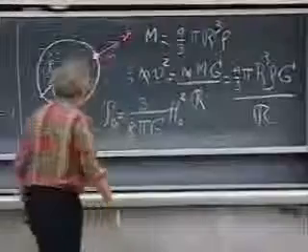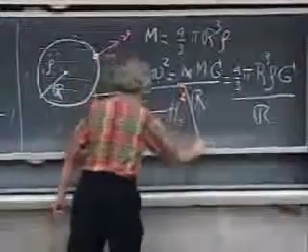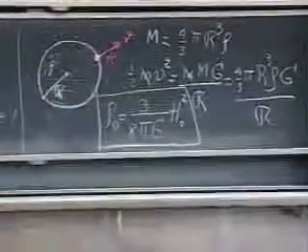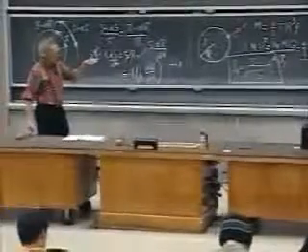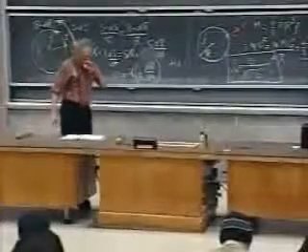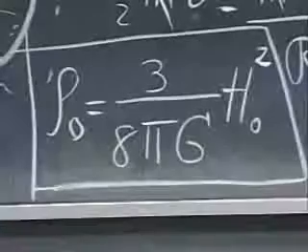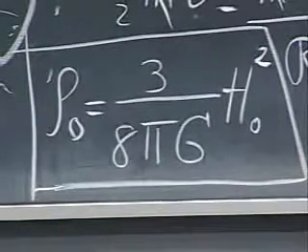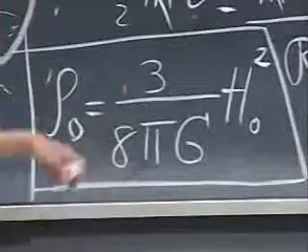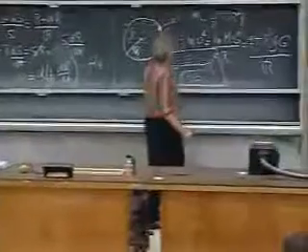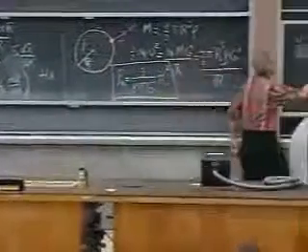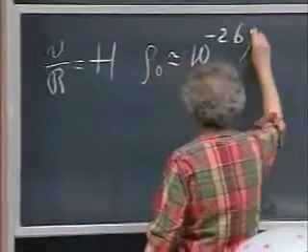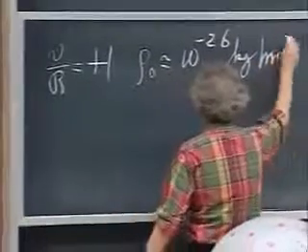squared. And so this tells me that if the average density of our universe is larger than this value, then our universe will come to a halt and will collapse. And we can calculate that value, because we know H0, we think we know G, and so you will find then, I'll write it down here, that rho 0 is about 10 to the minus 26 kilograms per cubic meter.